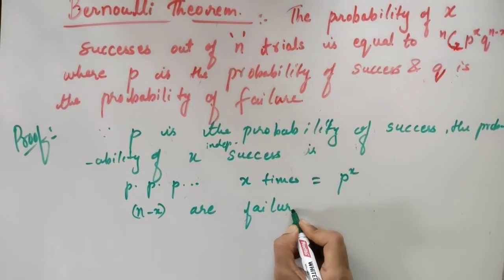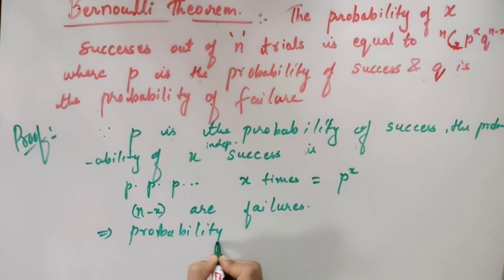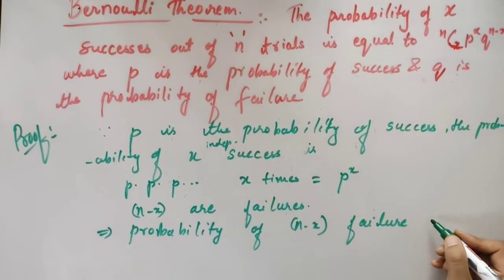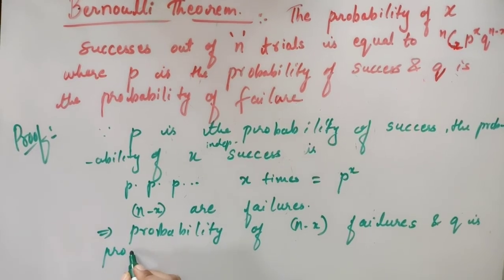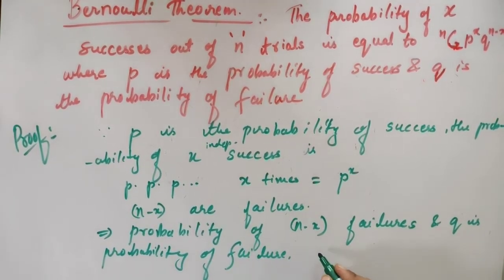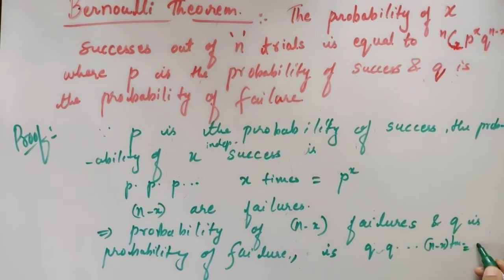This implies the probability of n minus x failures, and since q is the probability of failure, it is q into q so on up to n minus x times, that is equal to q raised to n minus x.